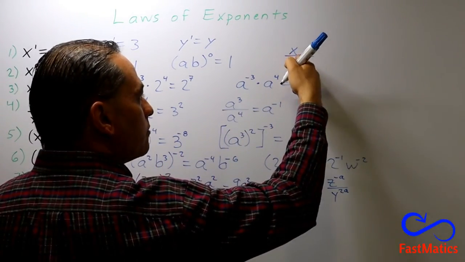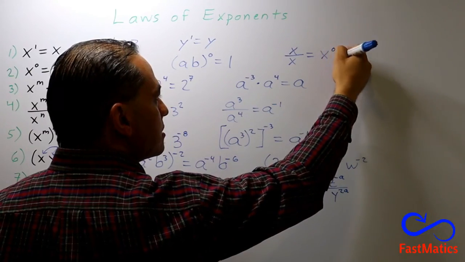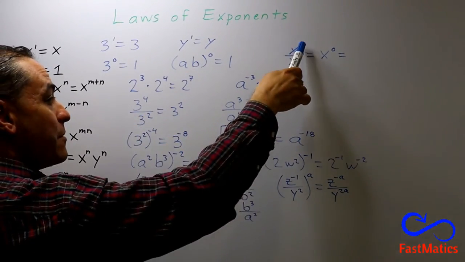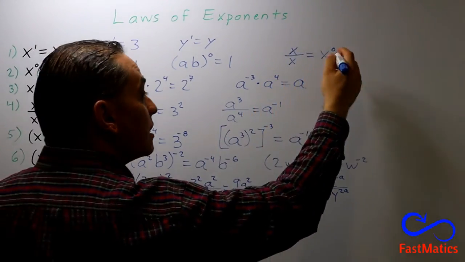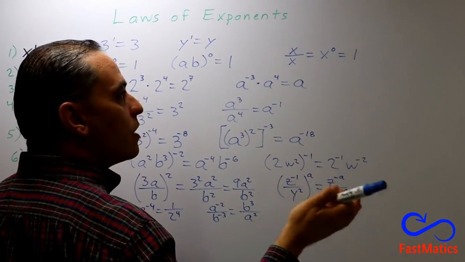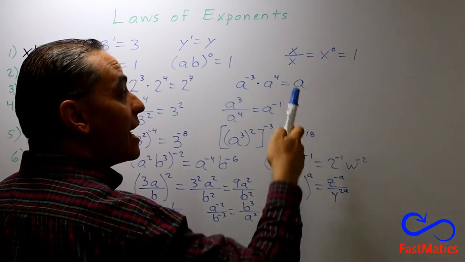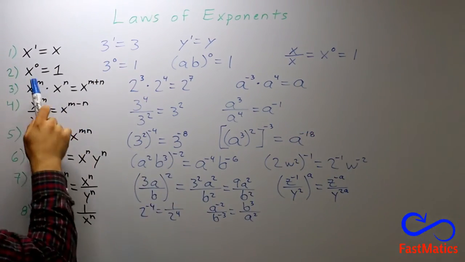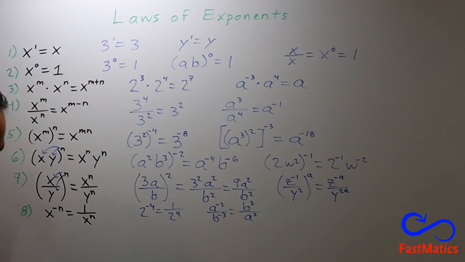So 1 minus 1 is 0. But you have also to remember that the same thing divided by the same thing is 1. 3 over 3 is 1, 10 over 10 is 1, x over x is 1. So that's why x to the power of 0, or anything to the power of 0, is 1.